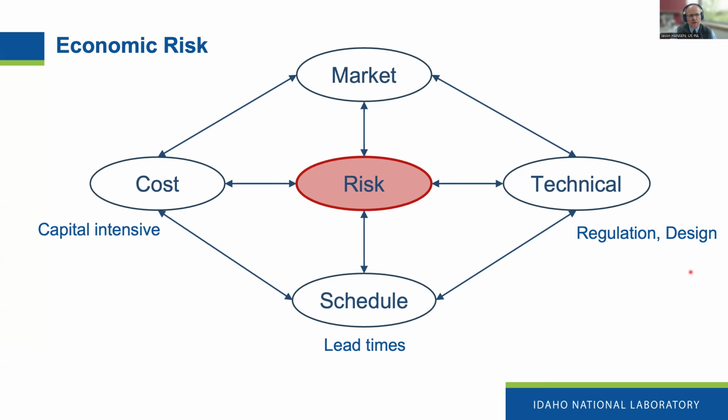And then we go to cost consequences. That's one that we think about a lot when we talk about economics, particularly because of the fact that nuclear power plants are a highly intensive capital investment. There's a large upfront fixed cost associated with building a nuclear power plant. And then by comparison, the operations and maintenance costs are relatively small going forward after that.